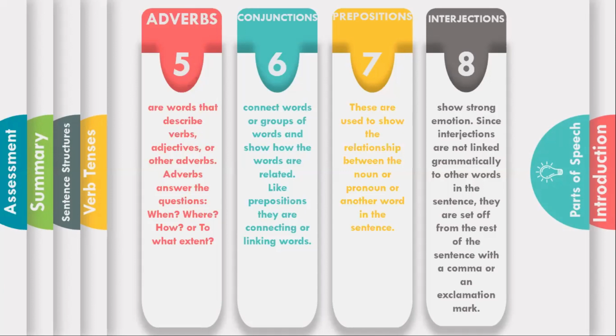Since interjections are not linked grammatically to other words in the sentence, they are set off from the rest of the sentence with a comma or an exclamation mark. It is treated as an independent expression. It gives life, force, and color to expressions.